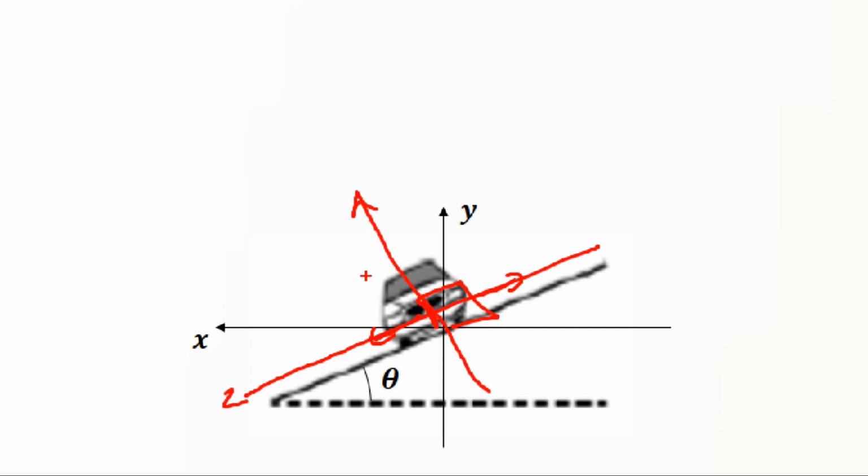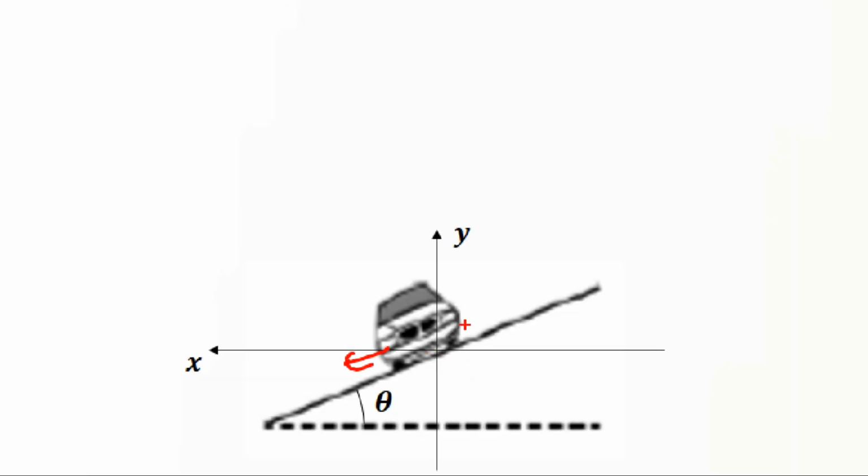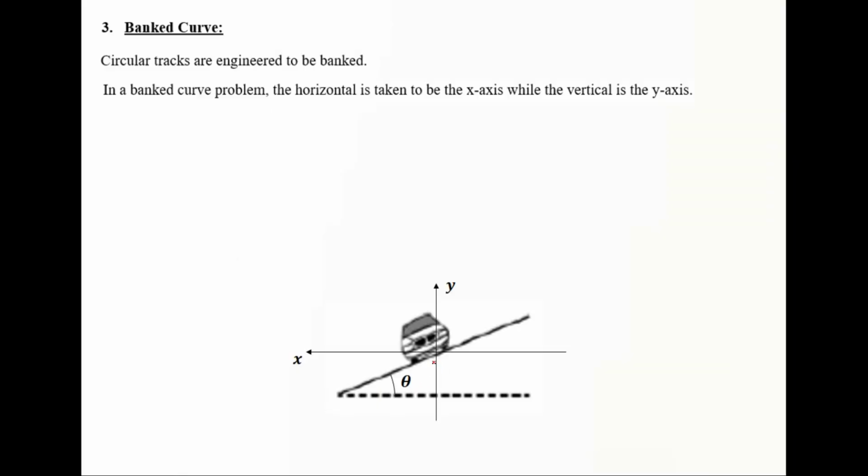But here the problem is completely different. The car is not moving up or down the ramp, it's moving along a banked curve, and in such exercises or applications we take the x-axis to be the horizontal and the y-axis to be the vertical.